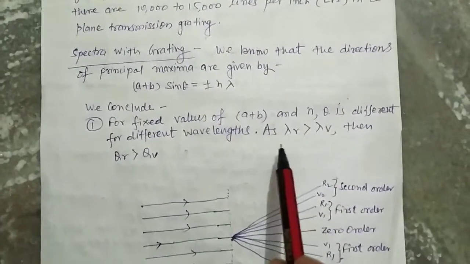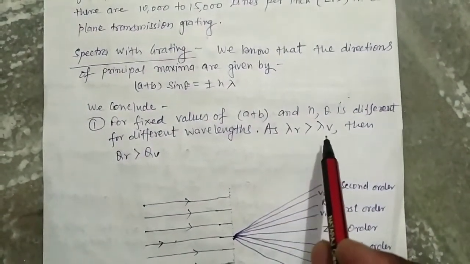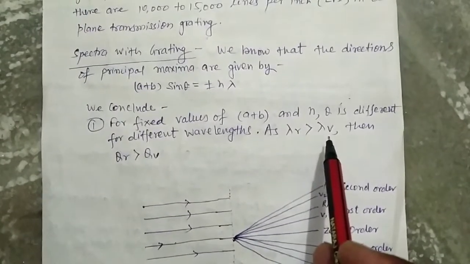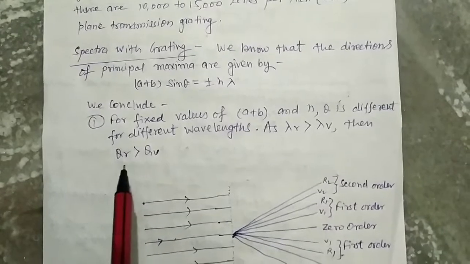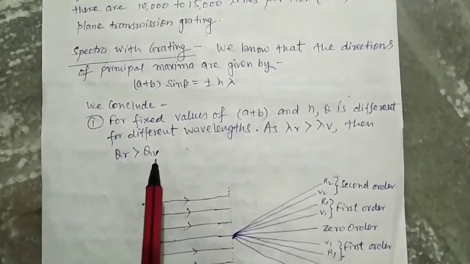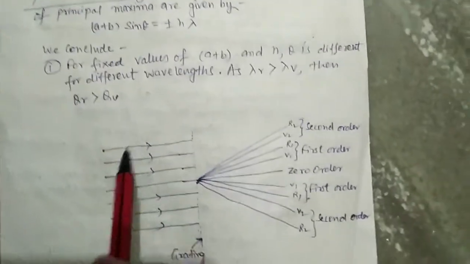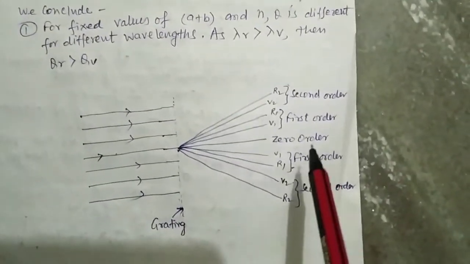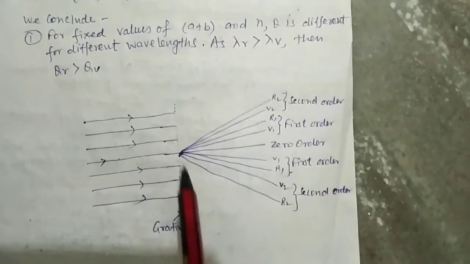As we know, the wavelength for red color is more than the wavelength for violet color. Therefore, the angle of diffraction for red color will be more than the angle of diffraction for violet color. So it is clear in this spectra. These are the light rays coming towards the grating.